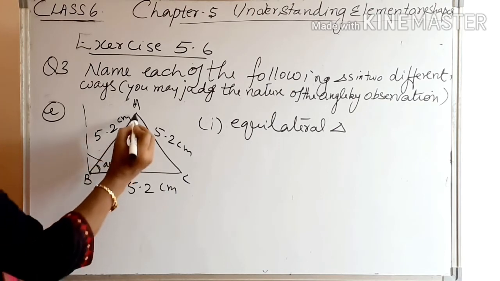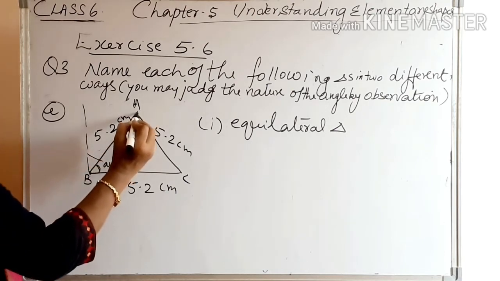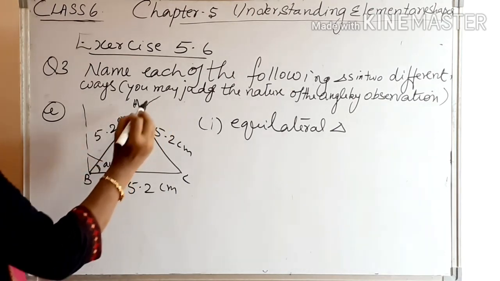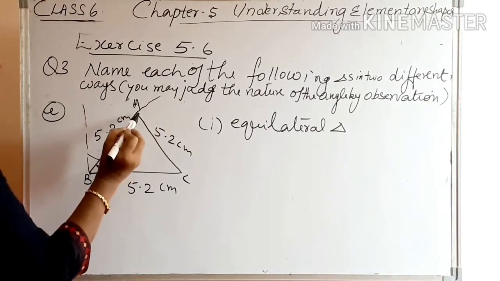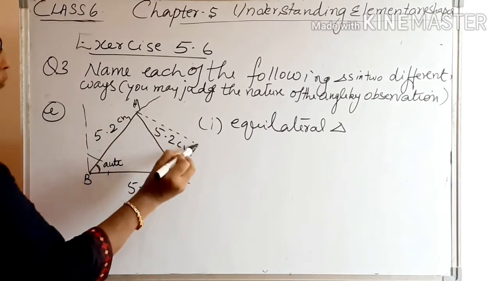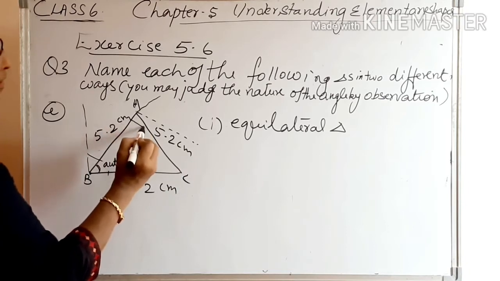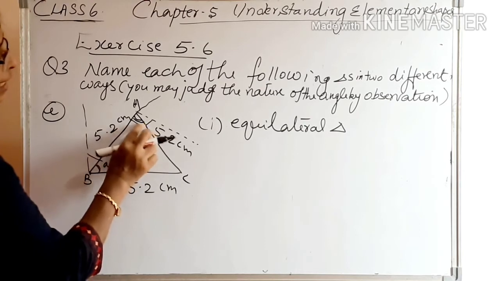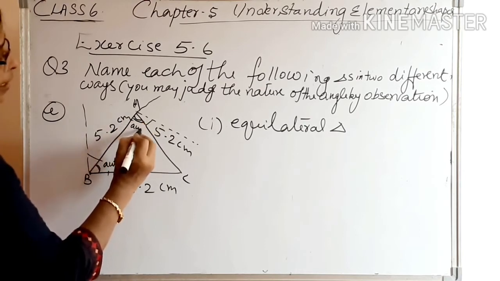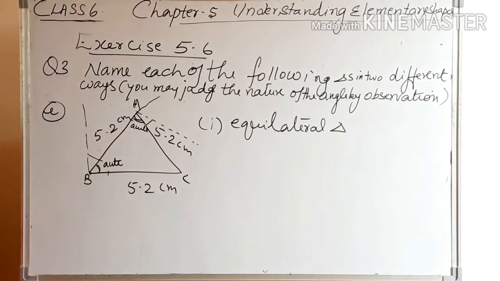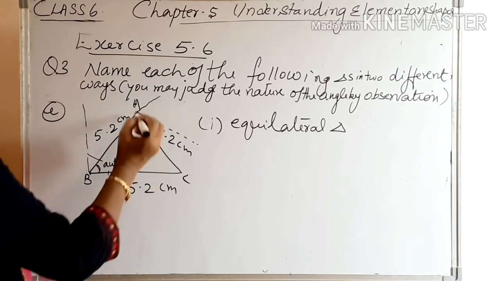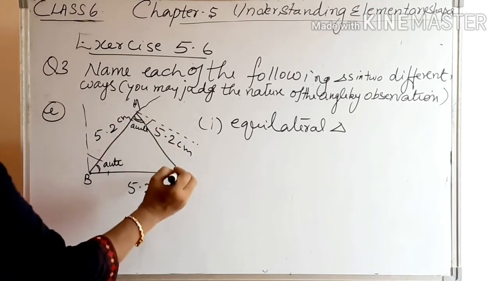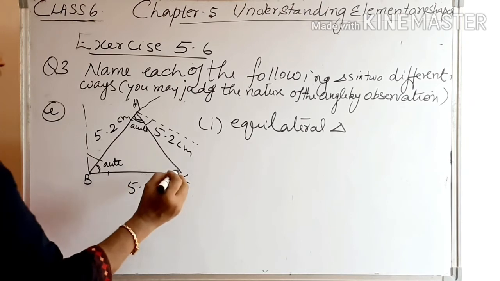Now, I am going to consider AB. From A, I am drawing a perpendicular. This angle is 90. Therefore, this is less than 90, acute angle. Consider AC as the baseline.